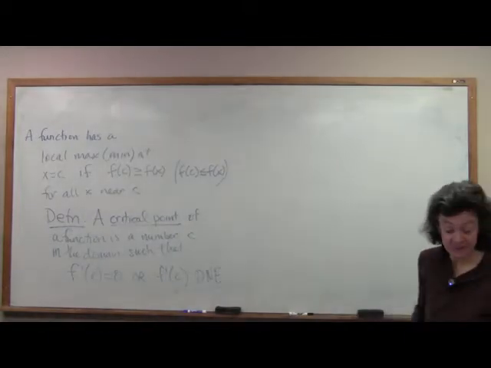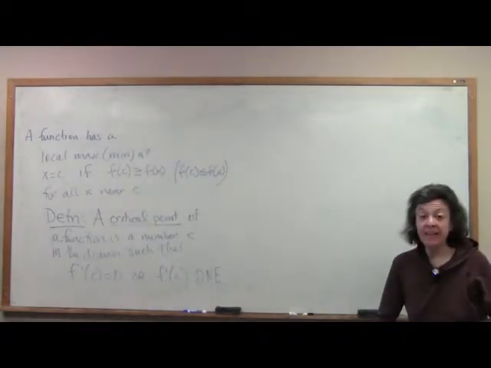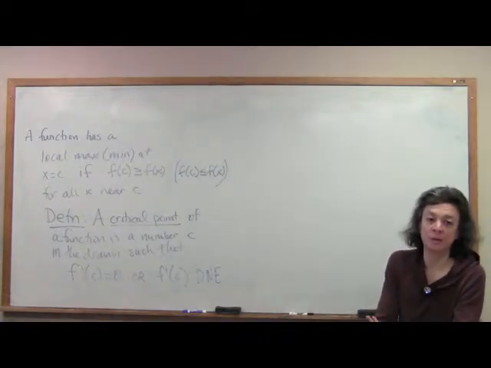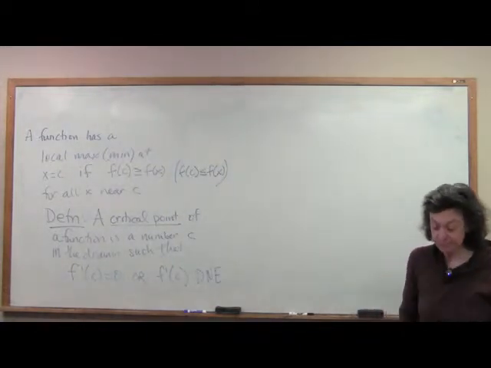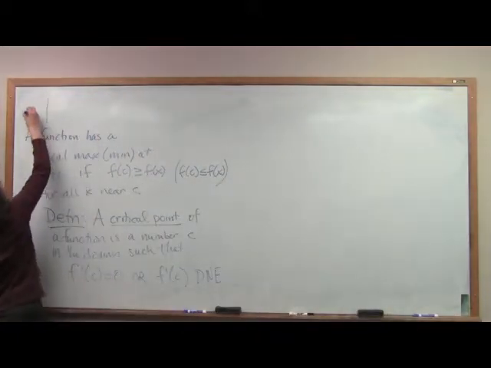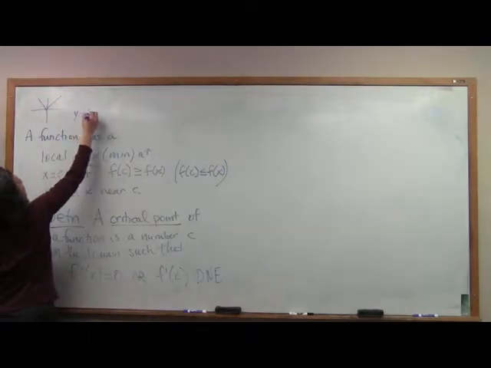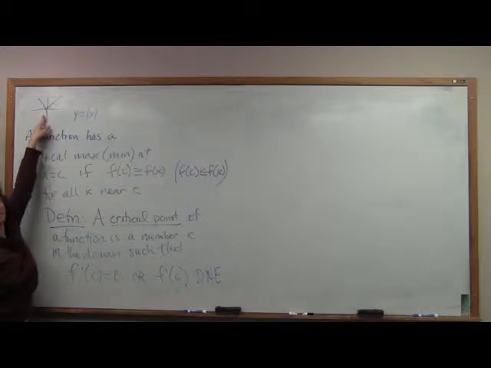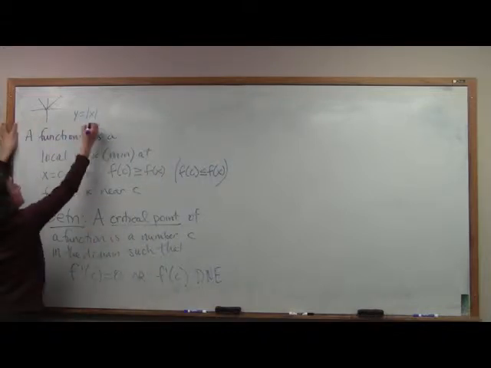Now, in this class, we will not be encountering where our derivatives don't exist, but I will show you one quick example here. On my absolute value function at x equals 0, my derivative does not exist.